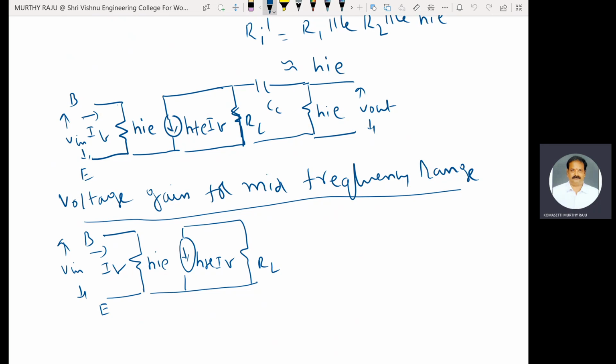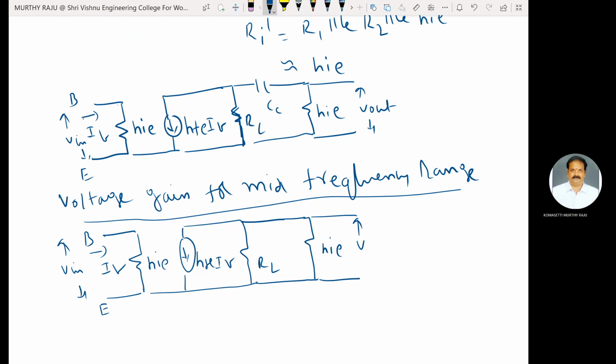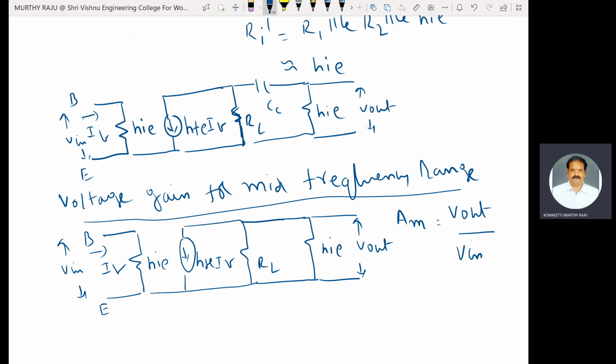At mid frequency range, the impedance offered by the coupling capacitor CC is so small that it can be considered a short circuit. This is the short circuit, HIE, Vout. Therefore, the gain in mid frequency range is Vout by Vin.